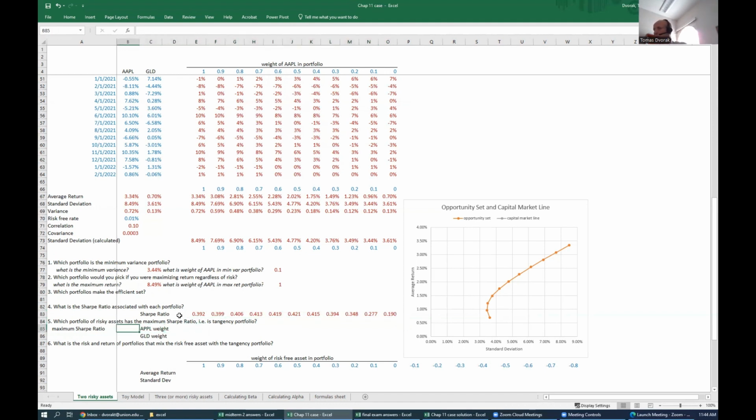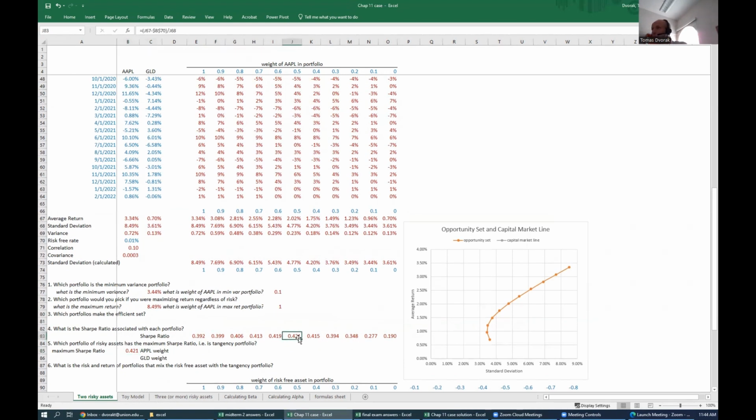Which portfolio has the maximum Sharpe ratio? Well, let's calculate that. So right here, it's a portfolio that has a Sharpe ratio of 0.421. Which one is it? It's this one here.